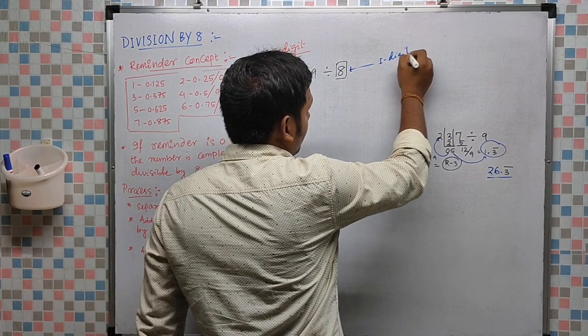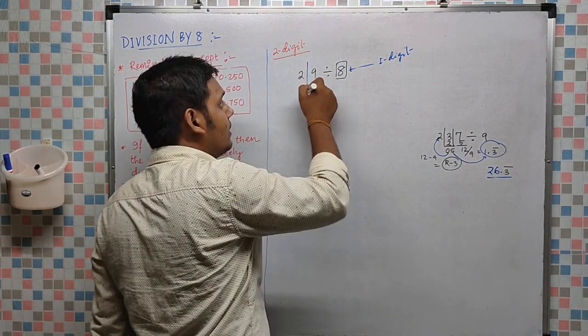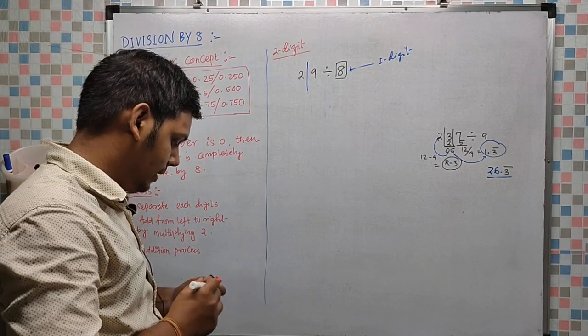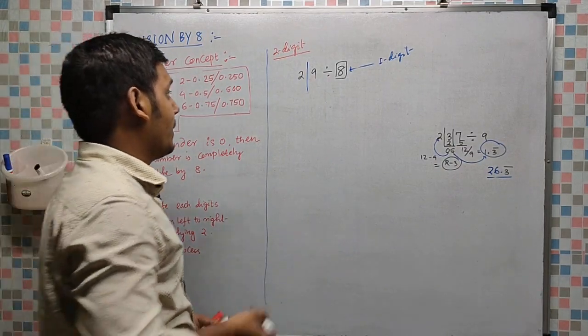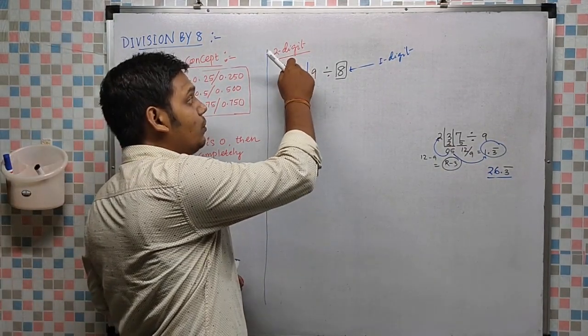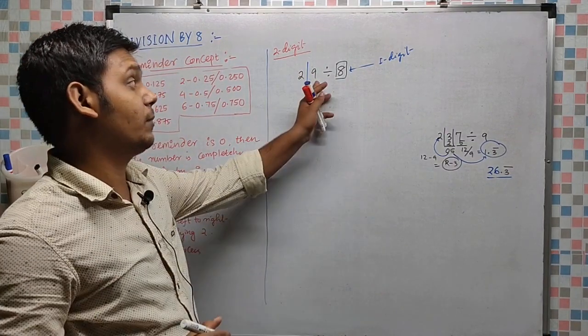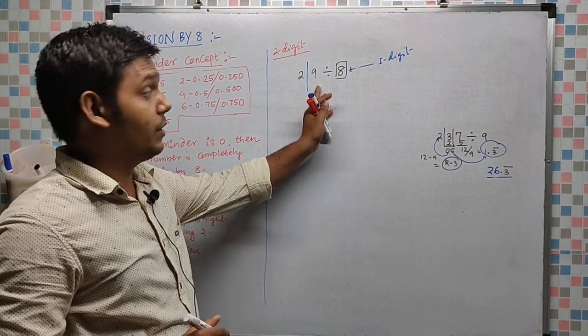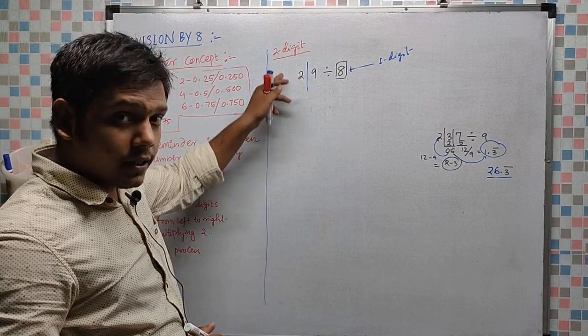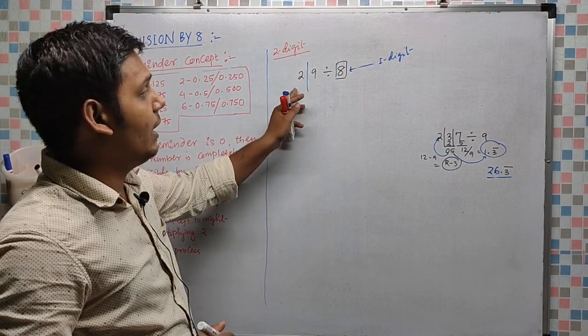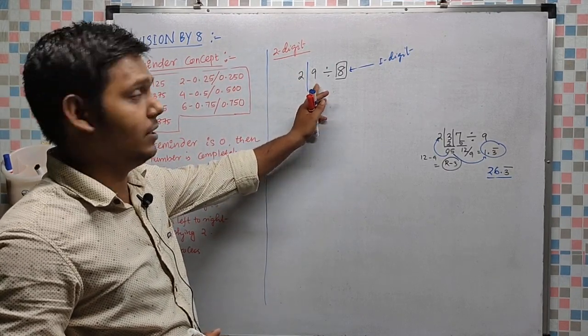We have to separate each and every individual digit. Now I have to multiply 2 with the tens place digit, and thereafter I have to add it with the unit digit.